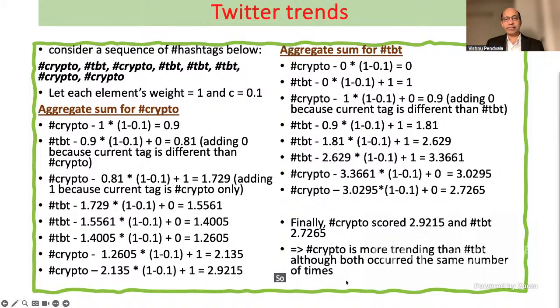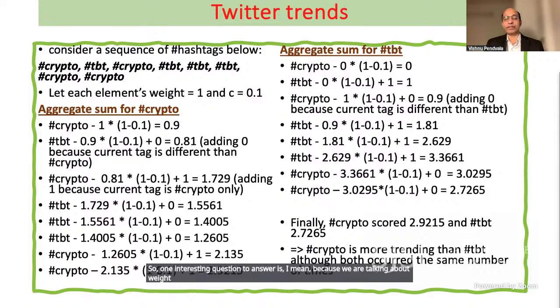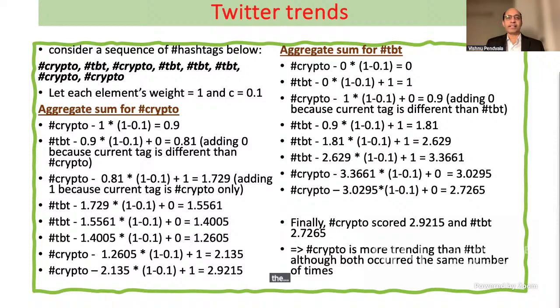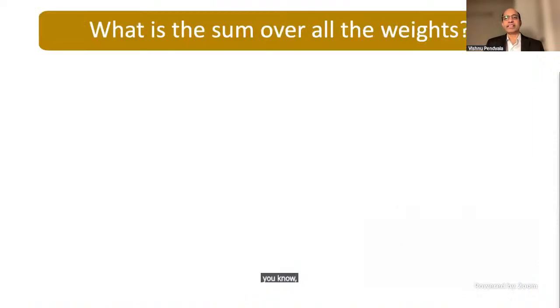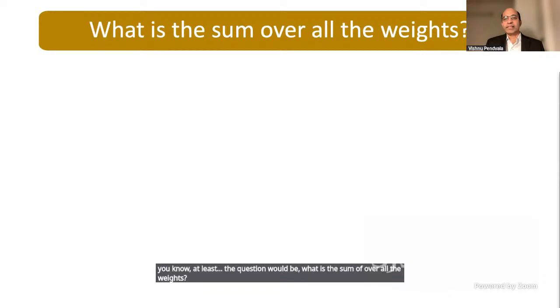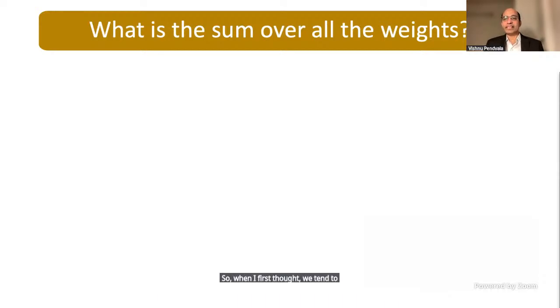One interesting question to answer, because we are talking about weights and keeping only the trends with certain weight in our list, is what is the sum over all the weights? On a first thought, we tend to think that the total weight of an infinite series cannot be a constant, right?